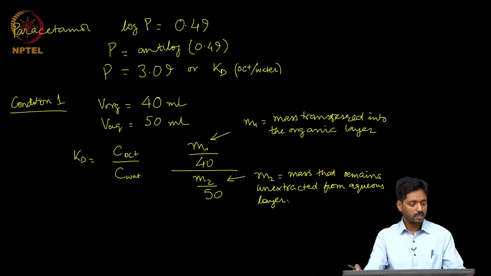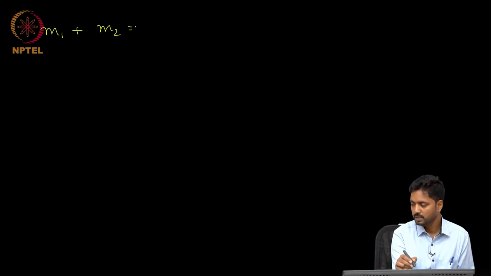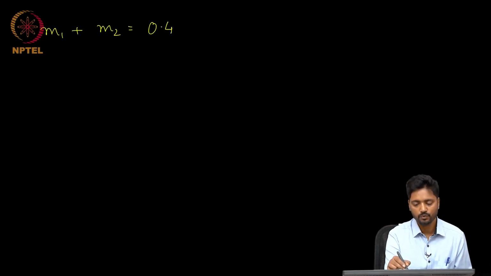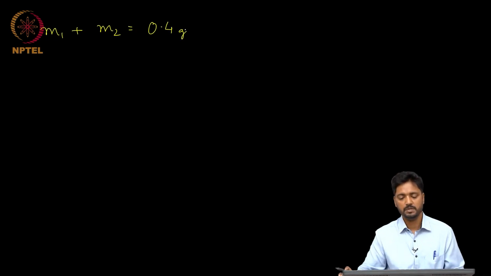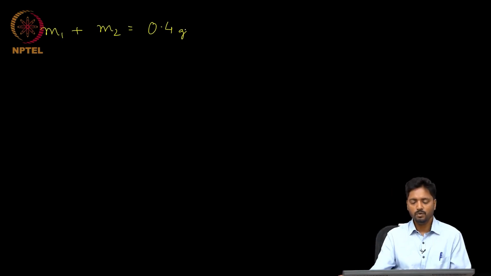Now, what is also clear from the mass balance equation is that M1 plus M2 is equal to 0.4, which is the grams of drug originally present in the medium. So, we will solve these two equations.